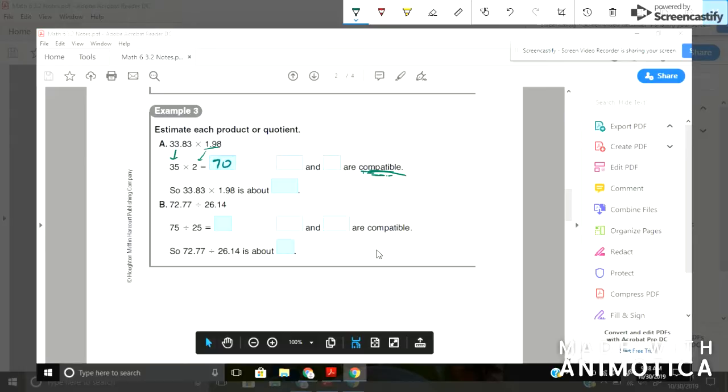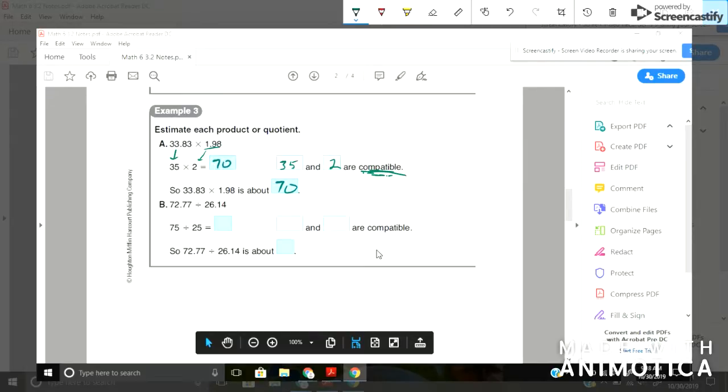And so 35 and 2 are compatible. They give us a pretty nice whole number here, a multiple of 10, 70. It's really easy to use when estimating. So 33.83 times 1.98 is about 70.